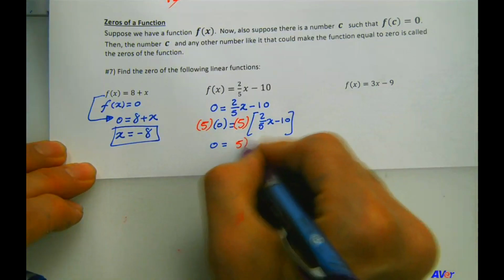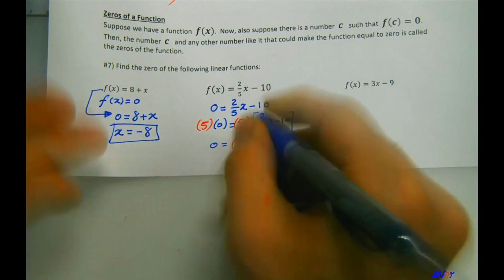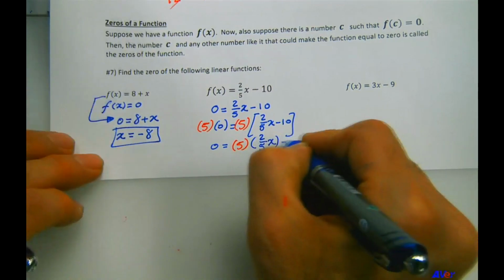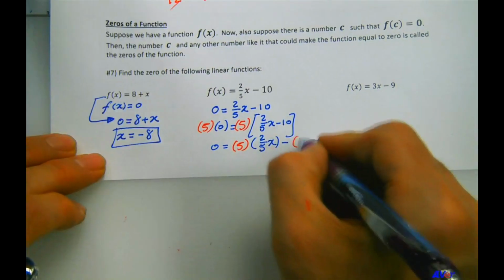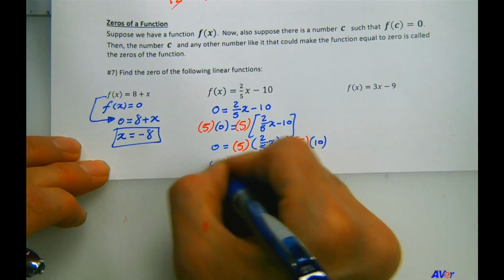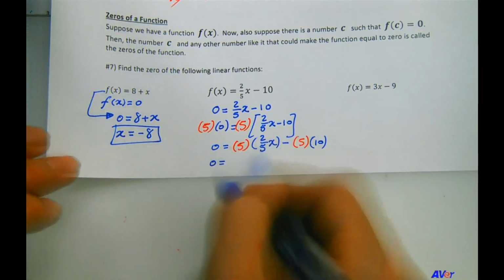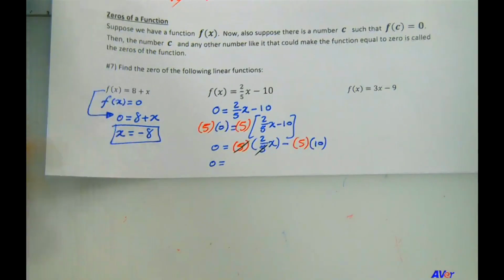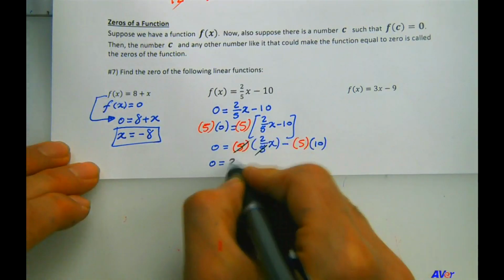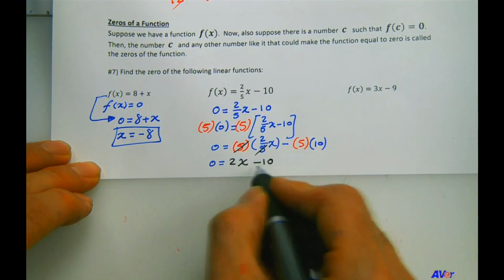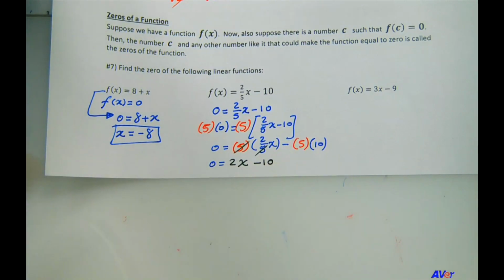So we have 5 times 2/5x minus 5 times 10. 0. 5 and 5 cancel each other, right? Like that. So we end up with 2x minus 10. So if we isolate x and solve for x here, what do we get?